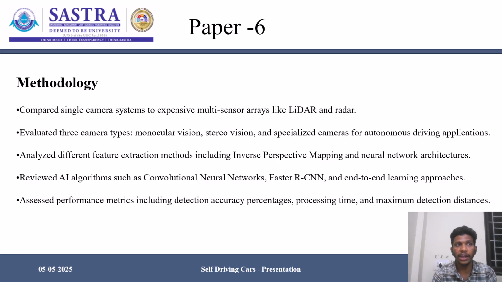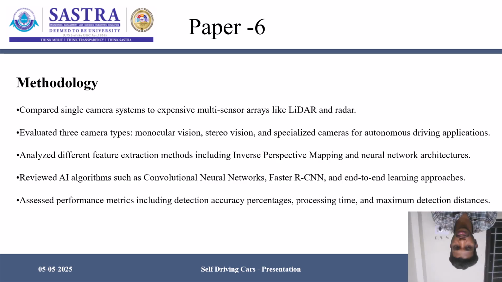They analyzed the different features of the three cameras, including inverse perspective mapping and neural network architectures, reviewed using CNN and RNN models, and assessed the performance metrics of the three different cameras by accuracy percentages, processing times, and maximum detection distances.